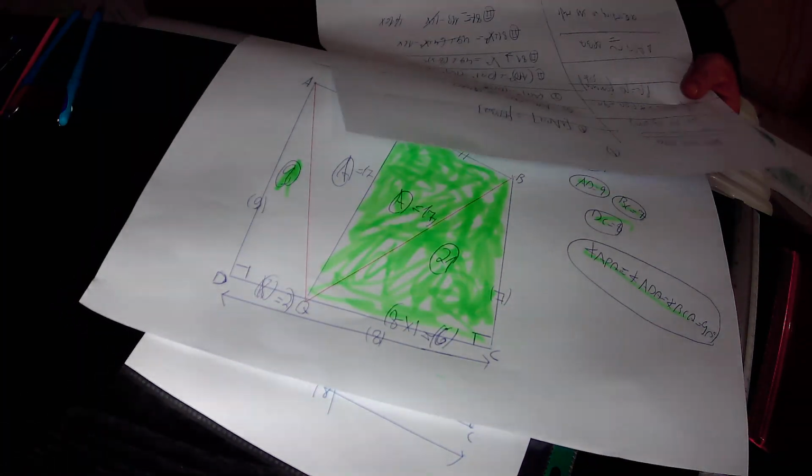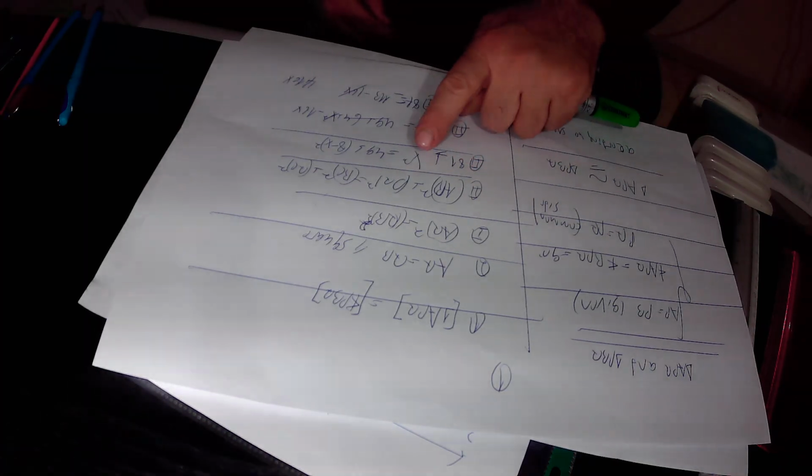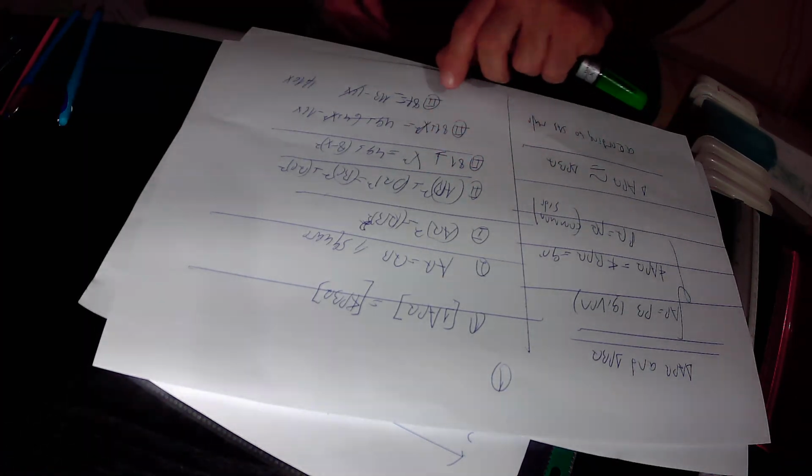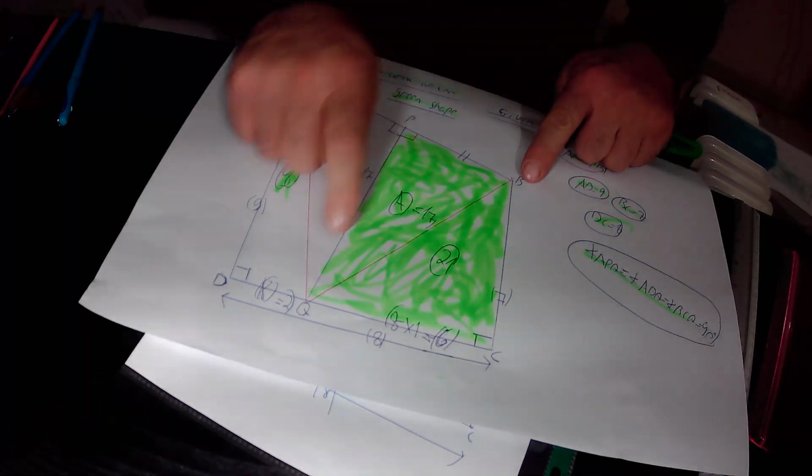And so we can substitute AQ square by AD square plus DQ square, and likewise we have DB square.